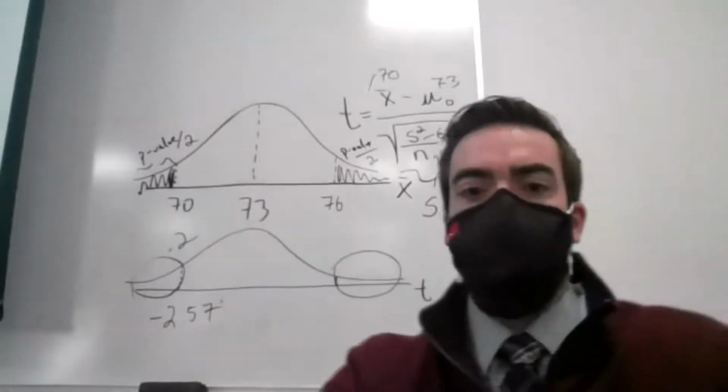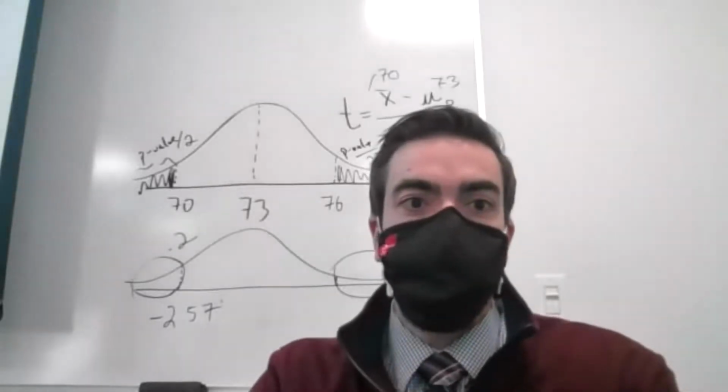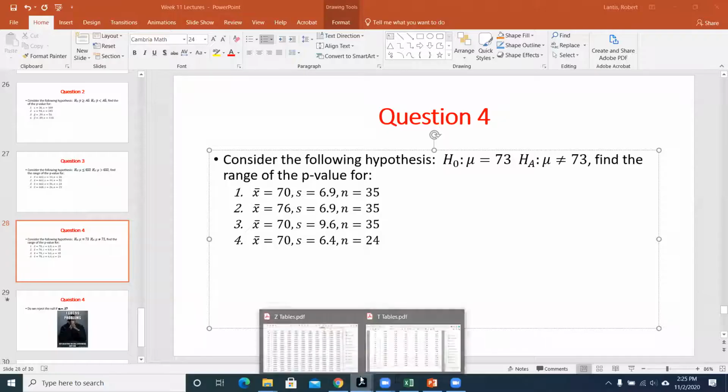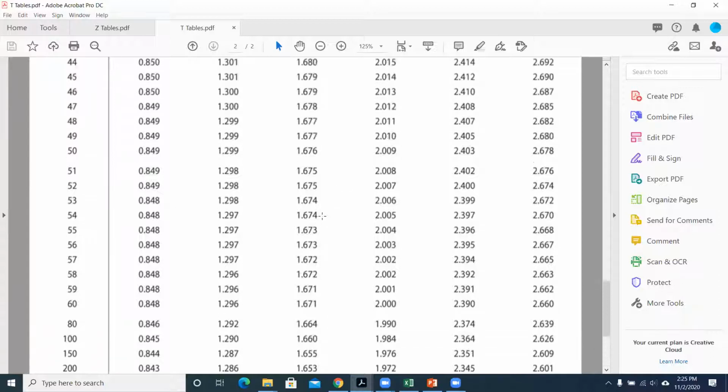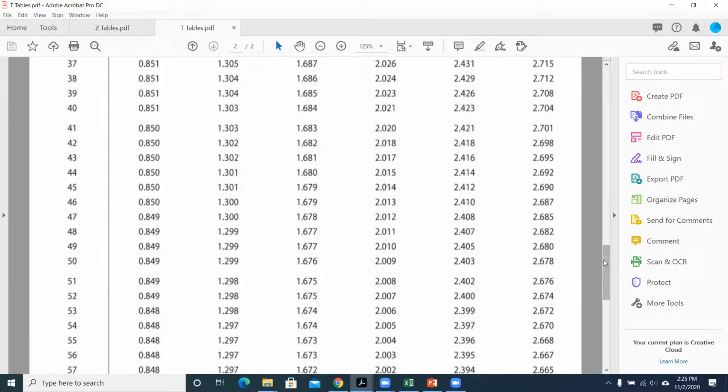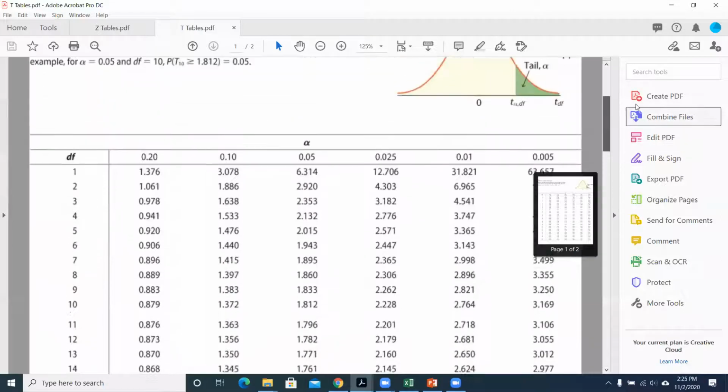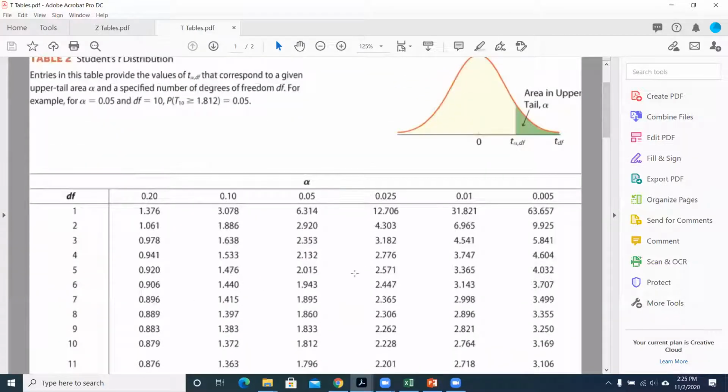So I go to my student T tables, and I'm going to run into 2 problems. The first is there are no negative values on here. But we said that's okay, because we could really just create this exact same table, and instead of thinking about the area to the right of these positive T values, we could think about the area to the left if we made all these negative.